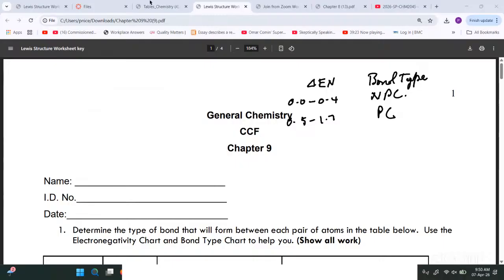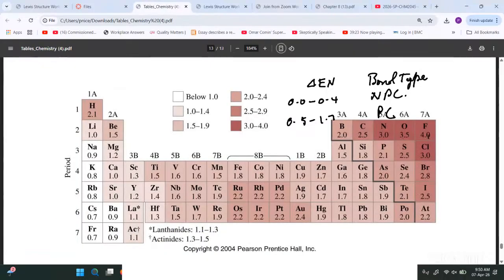This is oxygen and this is fluorine, so the difference between them is 4.0 minus 3.5, which is 0.5. That belongs to the polar covalent type of bond. The electrons are unevenly shared because fluorine is more electronegative than oxygen, so the shared electrons spend most of the time closer to the fluorine than the oxygen. That's an example of a polar covalent bond.